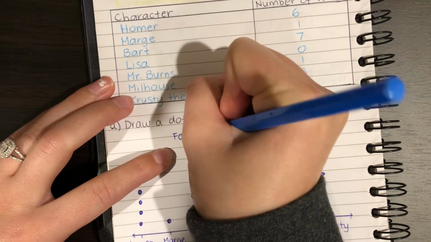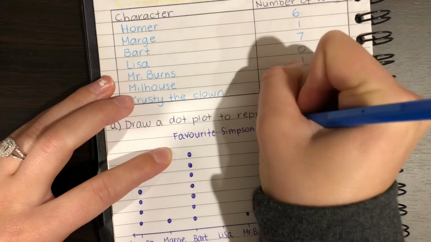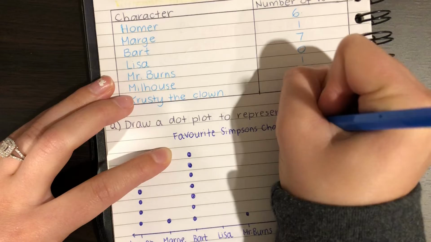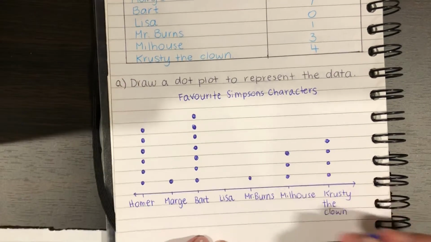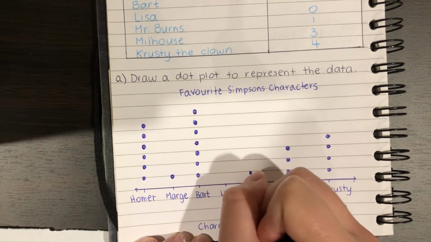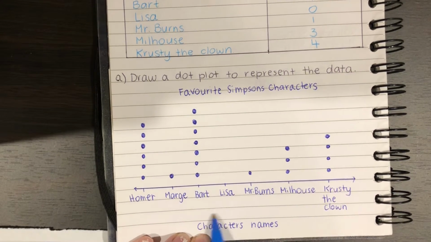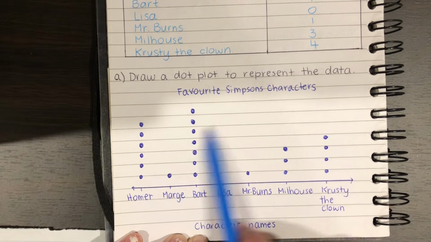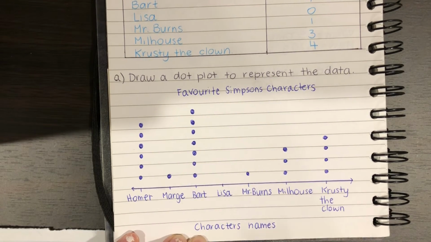And I'm going to call it Favourite Simpsons Characters. And I'm going to label down here as characters' names. So I'm saying that these are all the characters' names, and this overall dot plot is showing everyone's favourite Simpsons characters. Okay, and that's full marks.